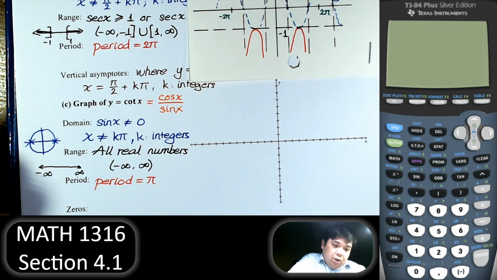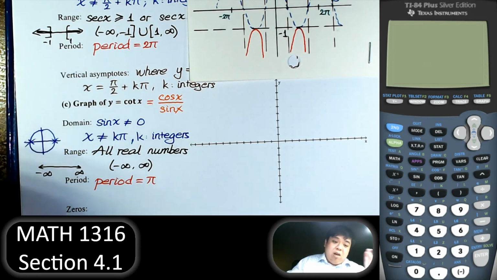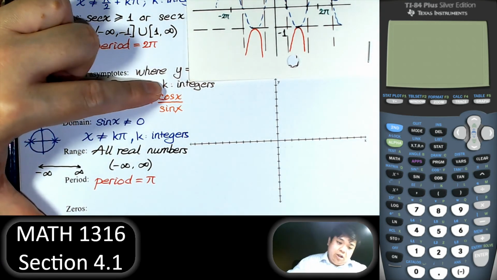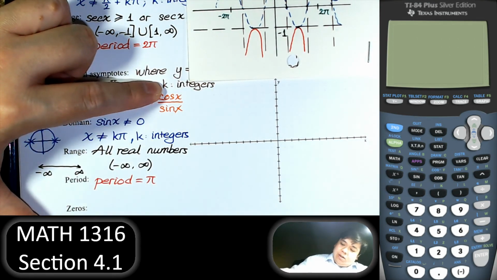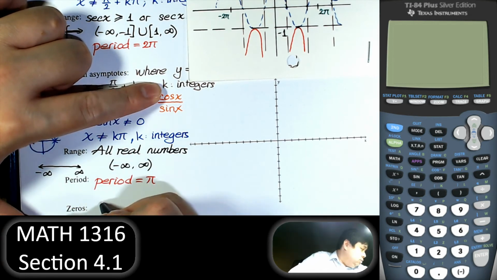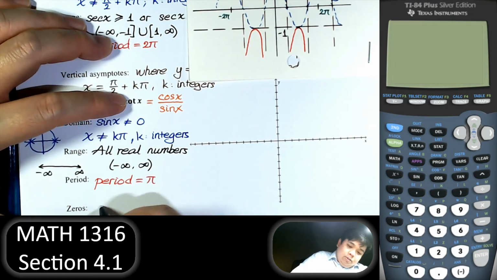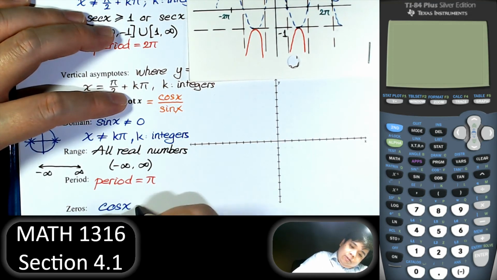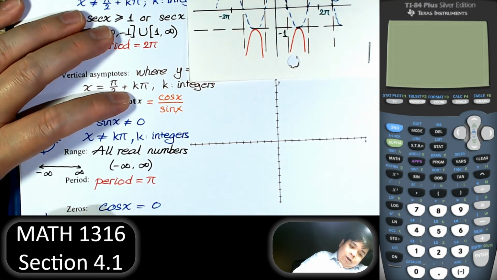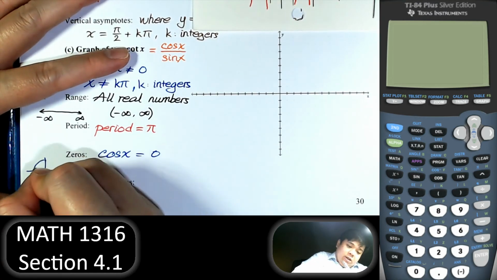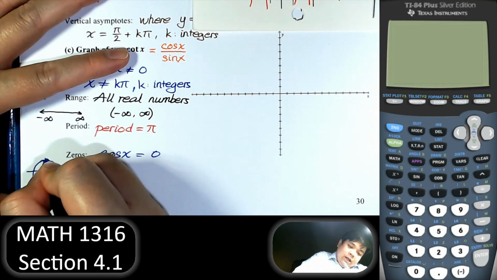Zeros. Zero is where the top equals 0, where cosine equals 0, which means here and here.